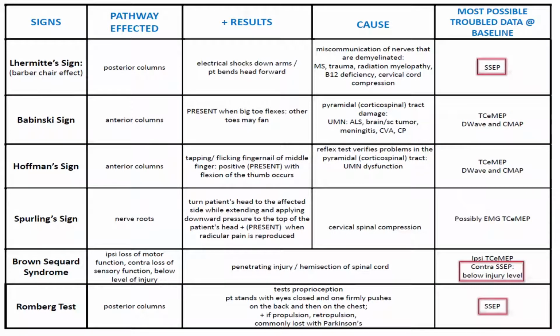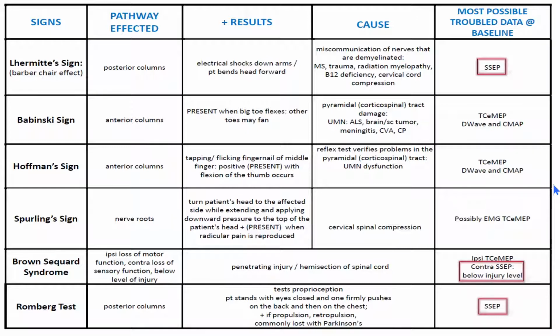For instance, with respect to somatosensory evoked potentials, if you see in the chart that the patient has a positive Lhermitte sign, I've heard it pronounced both ways. Some people call it a barber chair effect. You have the patient bend their head forward, chin to chest, just like you would see a barber would do to a person's head when they want to cut the back of their hair.